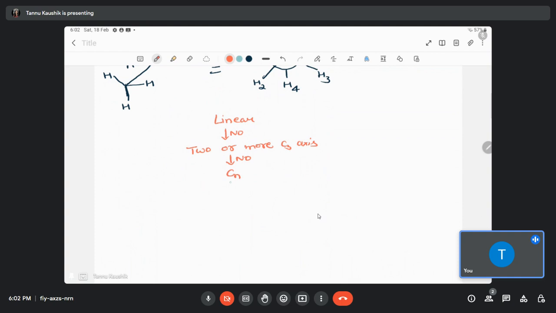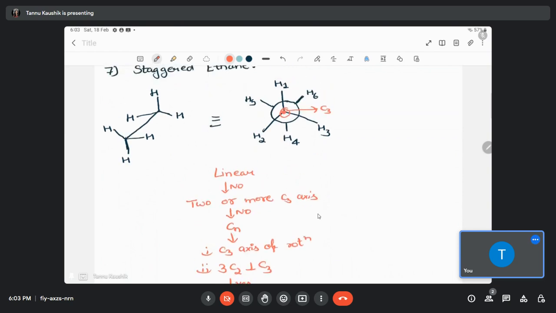Then yes, we have a proper axis of rotation, that is the C3 axis of rotation. Do we have three C2 axes perpendicular to this C3? Yes, we have. These are the C2 axes of rotation.